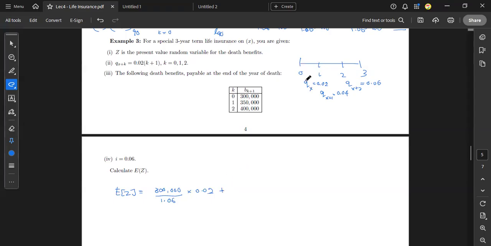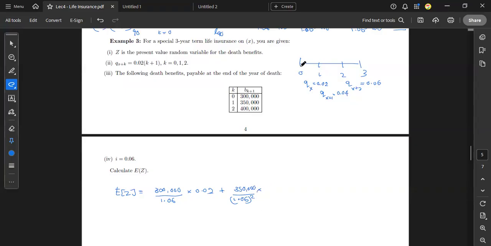And now, if that person survives from 0 to 1 and death occurs between 1 and 2, then the benefit occurs here and it comes back to here. So that benefit is 350,000 and it comes back 2 years, so 1.06 to the power 2.